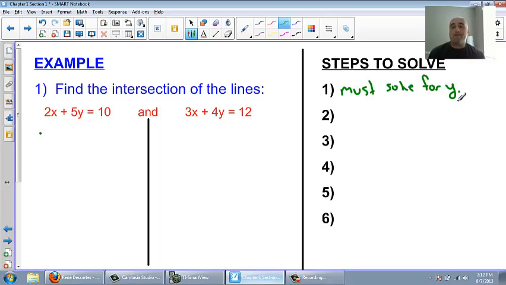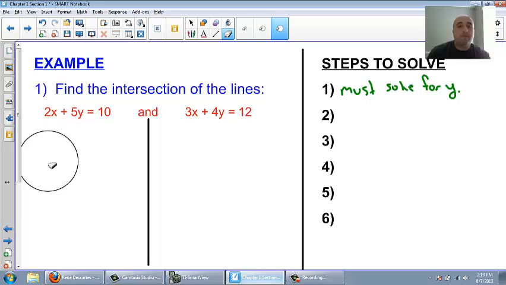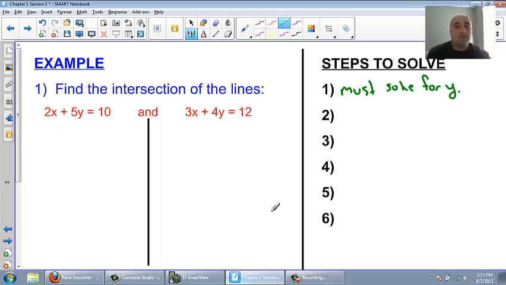So we're going to work through these two equations and get y by itself in each of them using our old algebra skills.